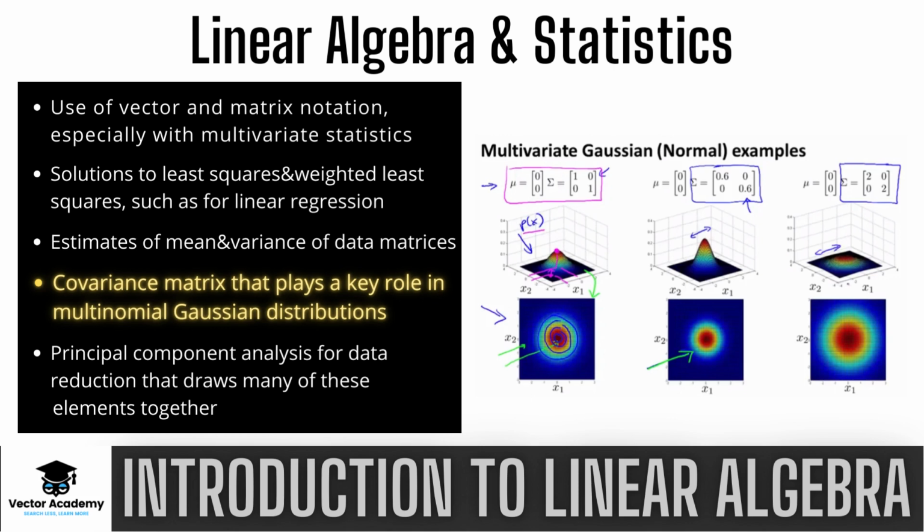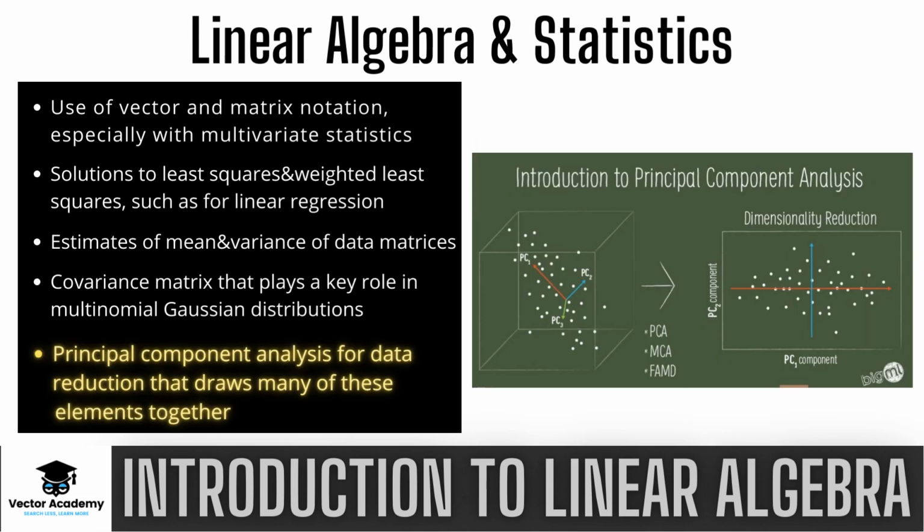The covariance matrix that plays a key role in multinomial Gaussian distributions. Principal component analysis for data reduction that draws many of these elements together. As you can see, modern statistics and data analysis, at least as far as the interests of a machine learning practitioner are concerned, depend on the understanding and tools of linear algebra.